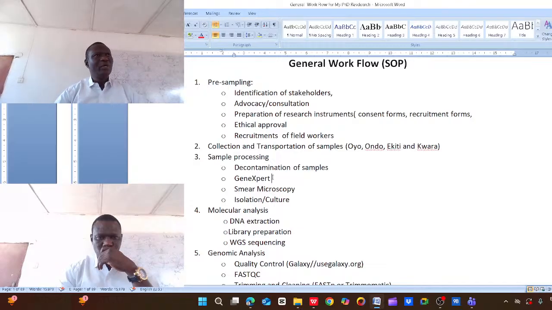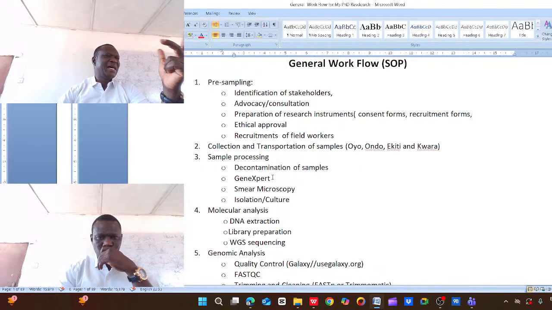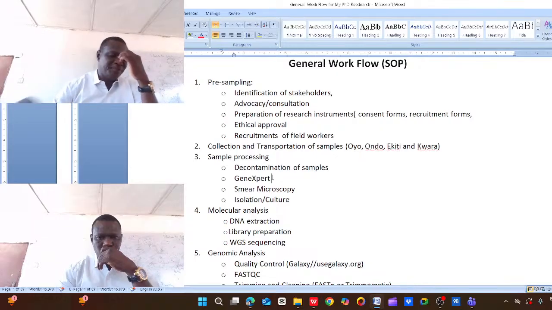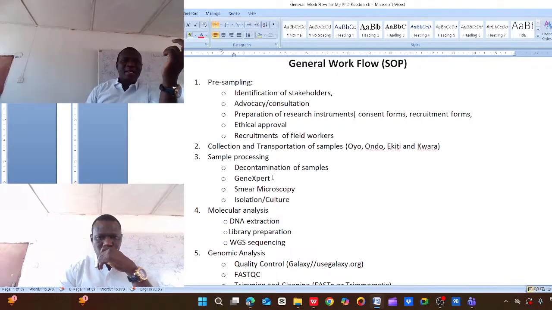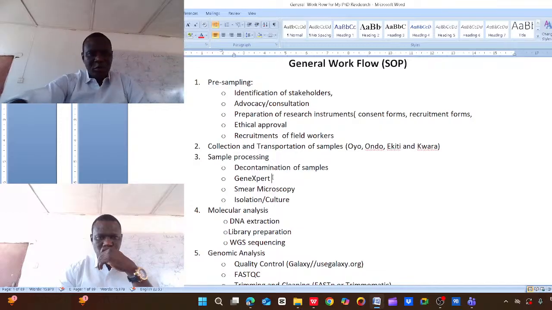And don't forget that this bioinformatics group, I have divided it into three. The first one is an antimicrobial resistance group, the AMR group. The second one is the vaccine designer group, that is in silico, those that will use computers to design vaccines.